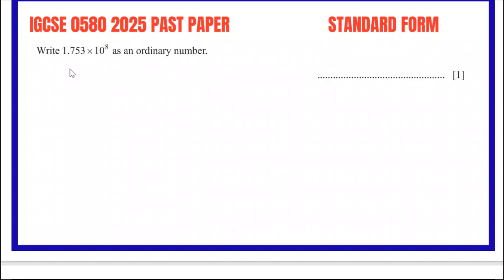If you move 3 places, you get the existing digits 1753. And you still need 5 more places, so add 5 more zeros. So the ordinary number you get is 175,300,000.